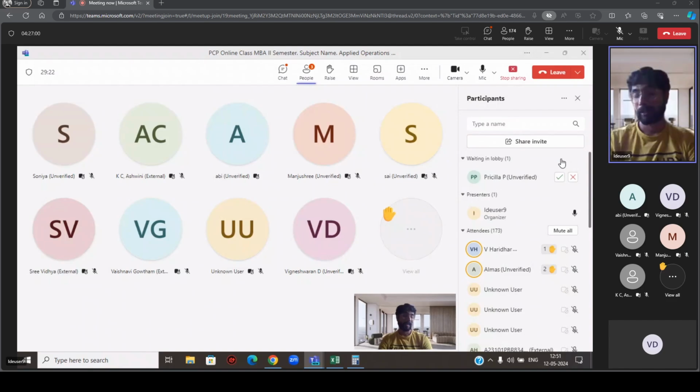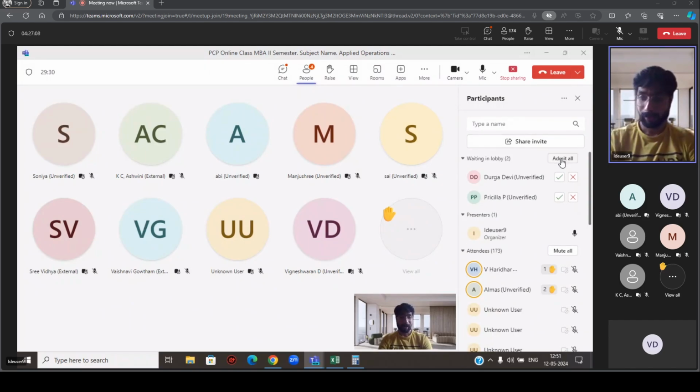If you analyze the previous year question papers, these are all the questions which are repeatedly coming: from PERT CPM, group replacement, graphical method, then simplex method, then assignment or transportation. These are all the problems which are repeatedly coming in your question paper. So it's very important that you do not miss all this.